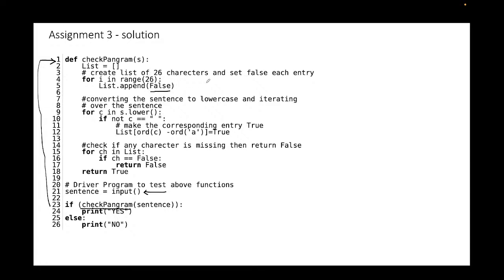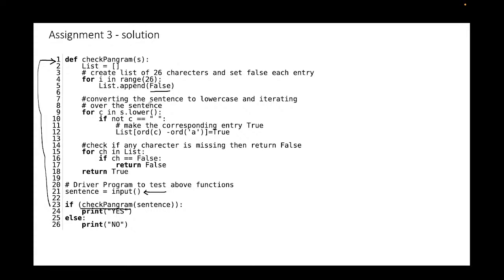The reason why we are doing this kind of assignment will be clear when we go over the next sections of the code. So basically in this list, every element is false. 26 times false is repeated in this list. That's all this list contains.